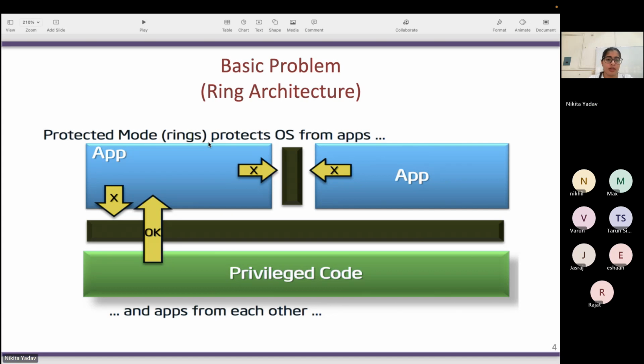So in this ring architecture, your OS runs in ring 0. Your OS kernel runs in ring 0, and your applications run in ring 3. I hope you are able to follow that your hardware, such as Intel hardware, provides these different execution levels in which your processor can run.